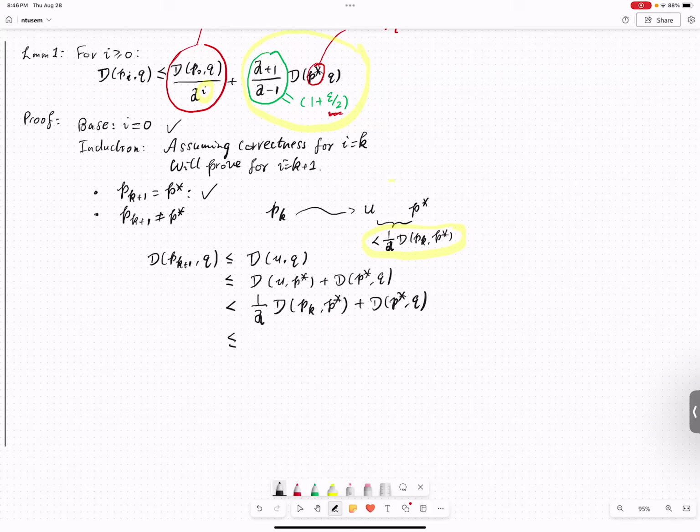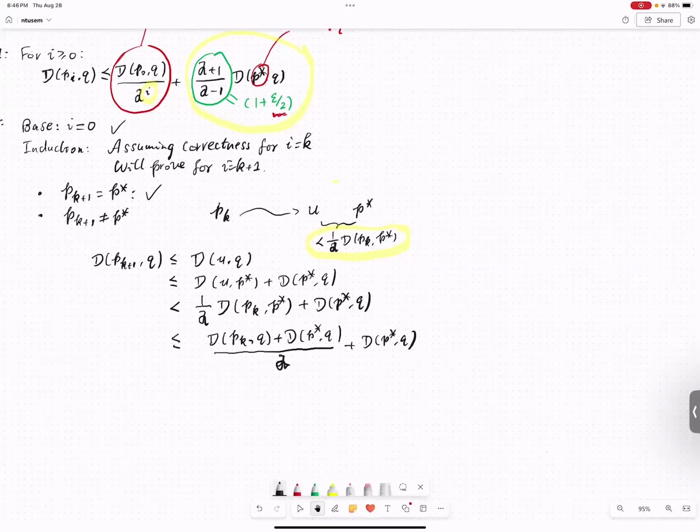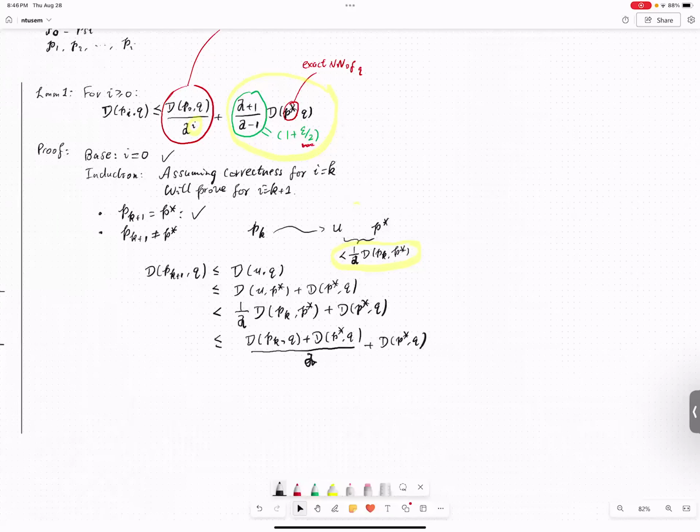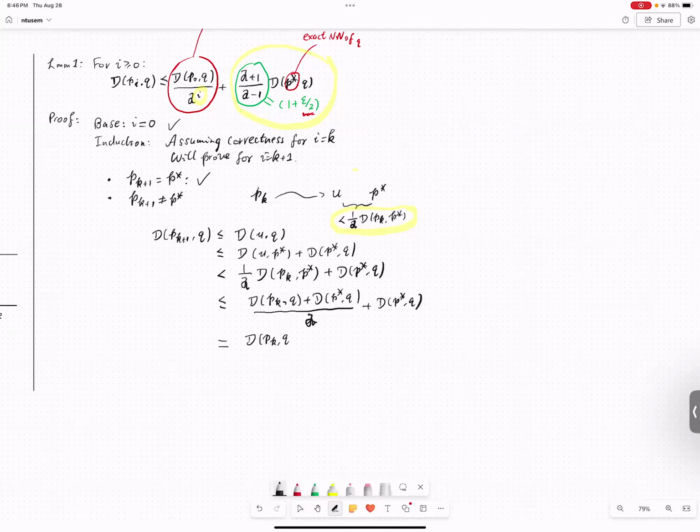This time I'm going to use q as the bridge. So now this is over alpha, and then plus d(p star, q). Cool. Now let's rearrange the terms a little bit. So this is d(p_k, q) over alpha, plus the d(p star, q) term times 1 plus 1 over alpha.